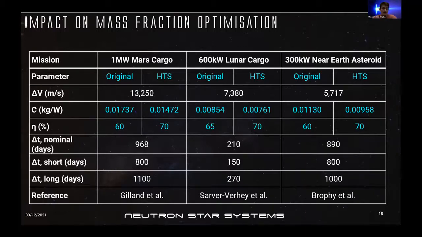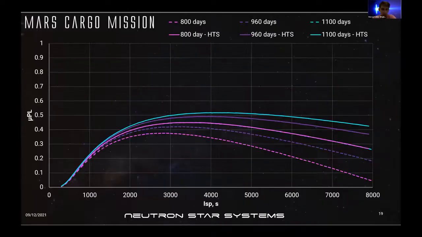And what we did as a study is we evaluated how much mass we can save using a superconducting system, how much we can reduce the mass specific weight, and how much we can improve the efficiency of the propulsion system using this technology. And we then plotted the results of this mass fraction optimization equation for a number of different transfer time limitations. This is what we ended up with.